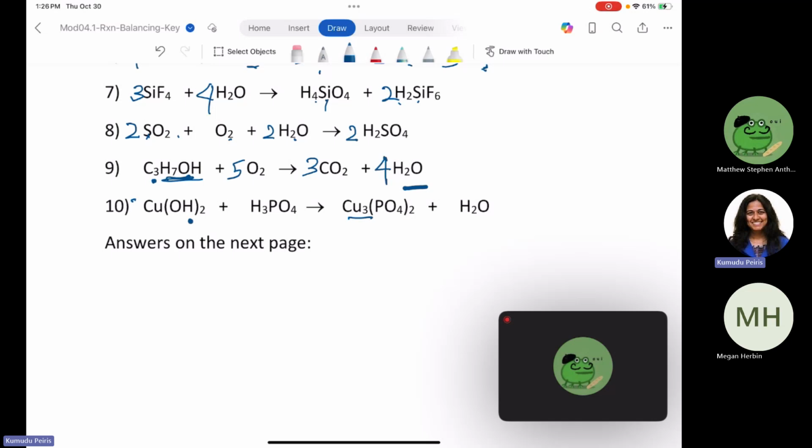So what can I do? I can add the 2 in front of this. If I add 2 there, the number of oxygens on the reactant side will be 12. And the product side, 6 and 4, 10. But if I add that, then I will have 6 carbons on that side, right?